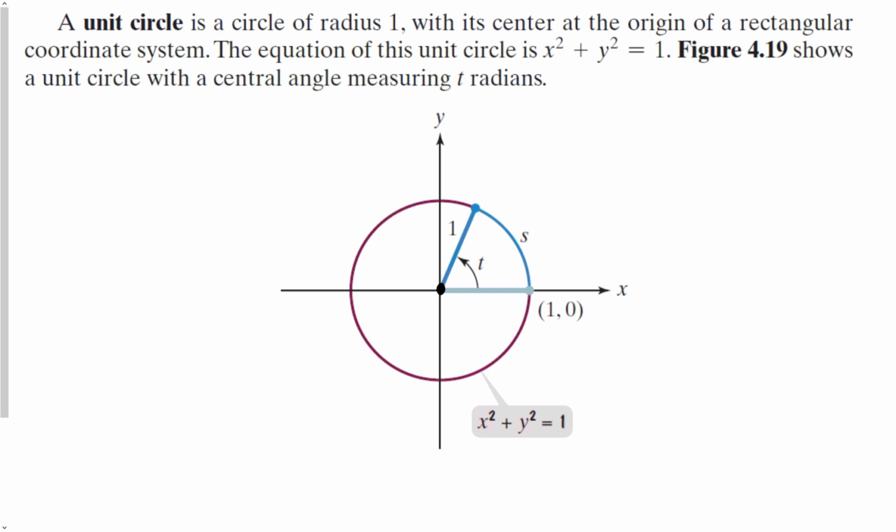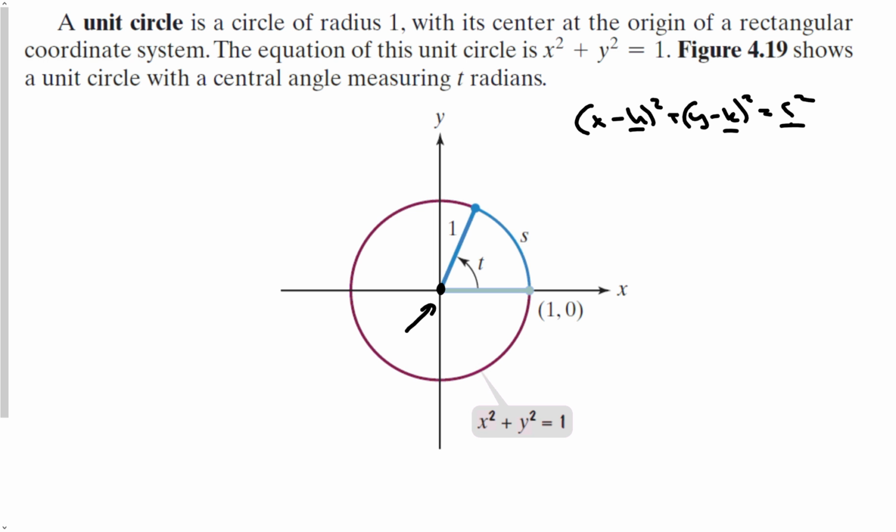The equation of this circle, if we remember our formula for circles, was x minus h squared plus y minus k squared is equal to r squared, where h and k are the coordinates of the center of the circle. In this case, it's going to be 0, 0. And the r squared is the radius squared.